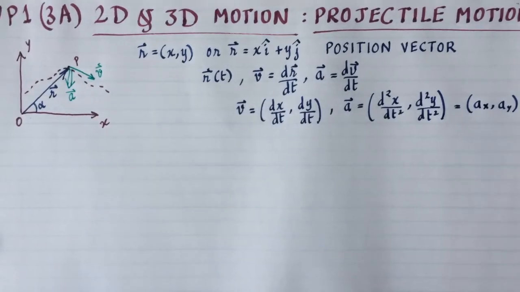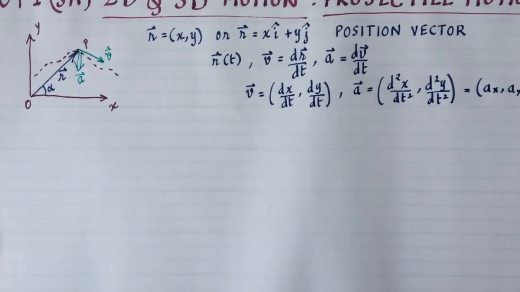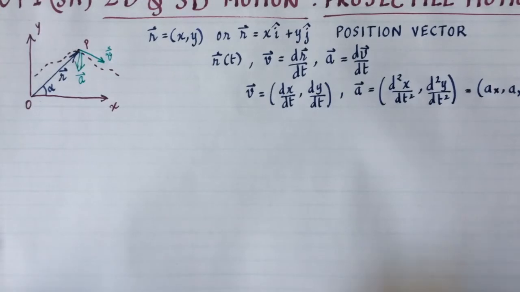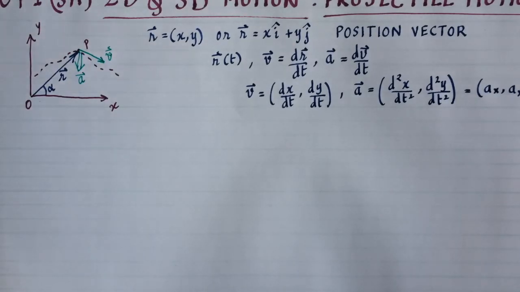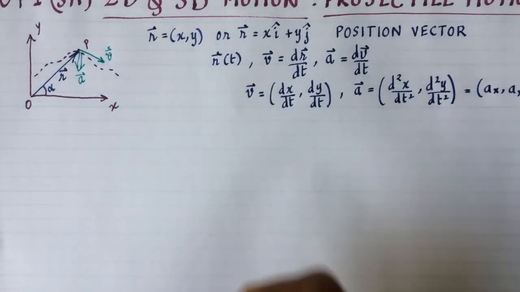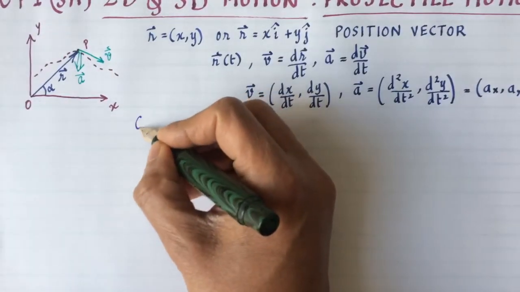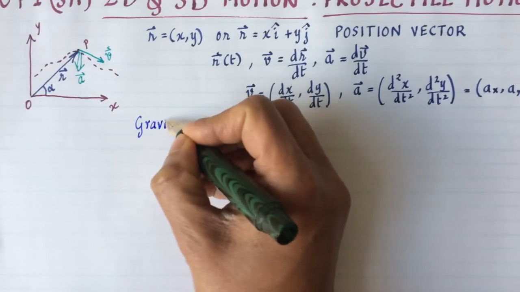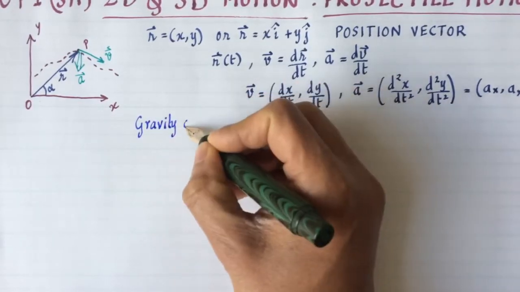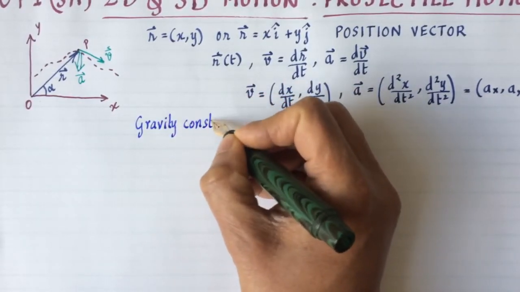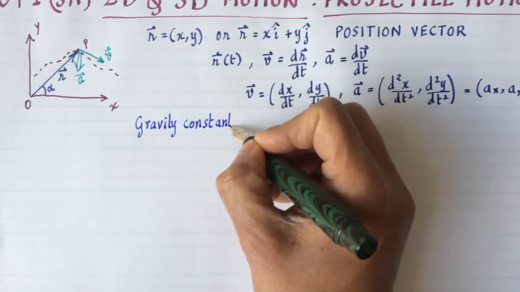Let's talk about an important kind of motion known as projectile motion. A projectile is any object that's thrown in two dimensions, and we'll stick to two dimensions. In general, the projectile can also go in three dimensions. We assume that gravity is constant, and that is generally true if you don't travel too far from the Earth's surface.